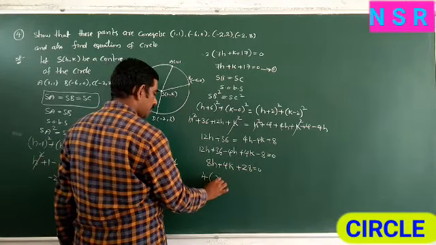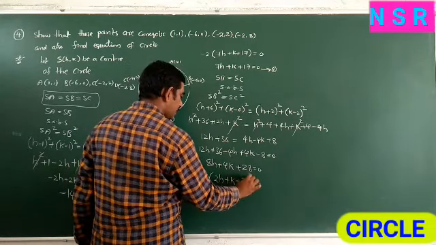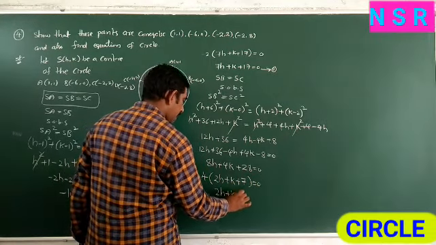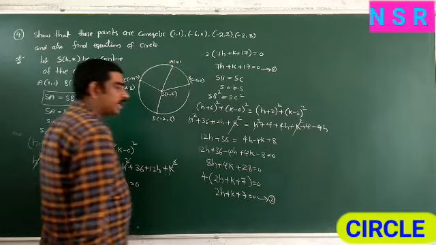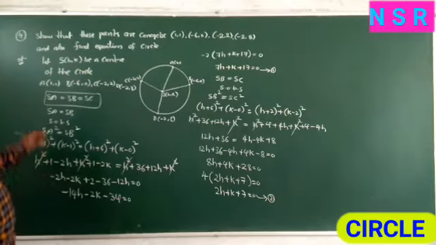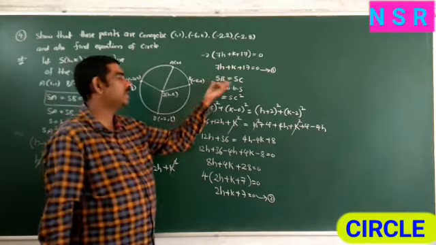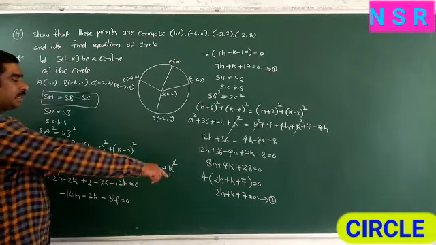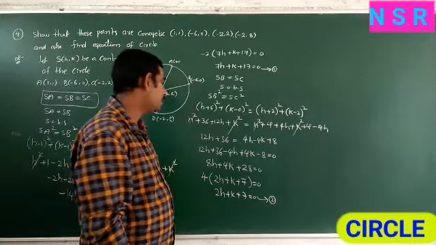Take 4 common: 4 twos are 8, 4 ones are 4, 4 sevens are 28. So we get 2h plus k plus 7 equal to 0. Take it as equation number 2. First we consider SA equal to SB and get equation 1. Next we consider SB equal to SC and get another equation in h and k, that is 2h plus k plus 7 equal to 0. Now solving equations 1 and 2.